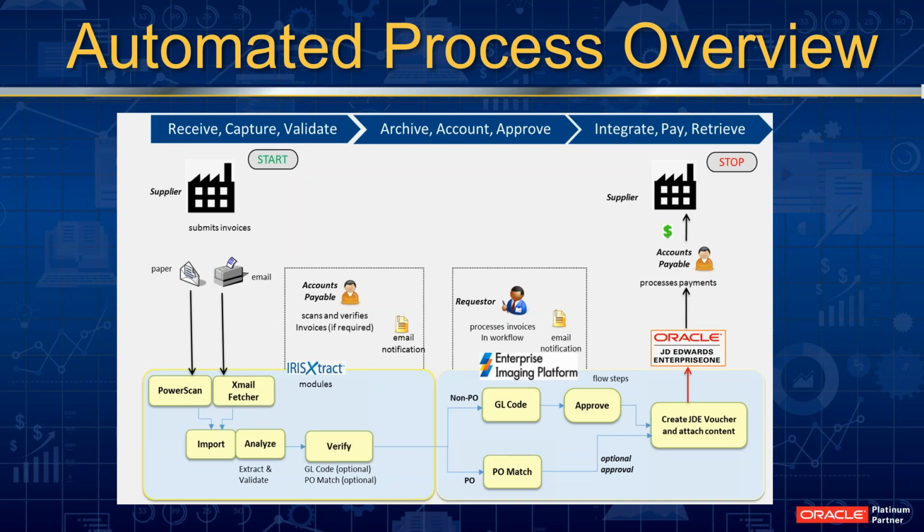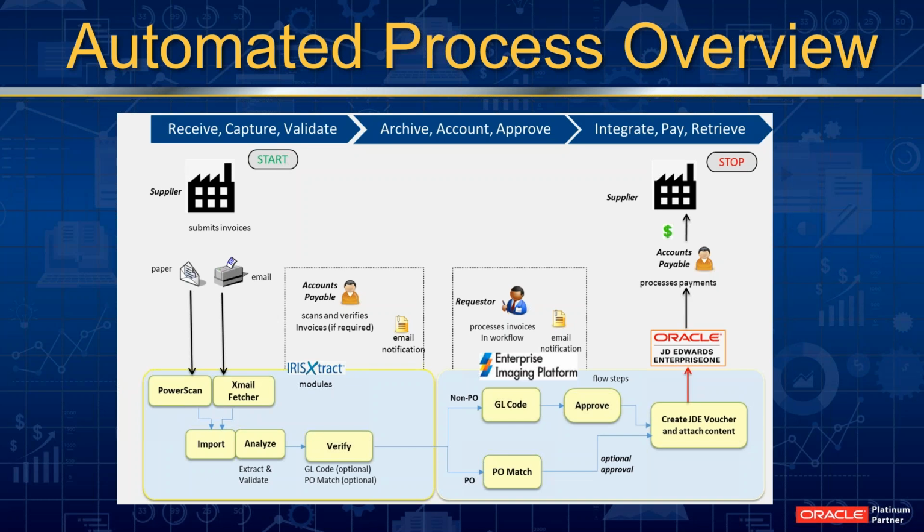If it's a non-PO invoice, then what will happen at this point in time is it'll take that information and go to the next step for verification and approval. So at this point, someone will match that invoice, and we'll figure out what the GL code needs to be, based upon a workflow that you've established for various types of invoices.